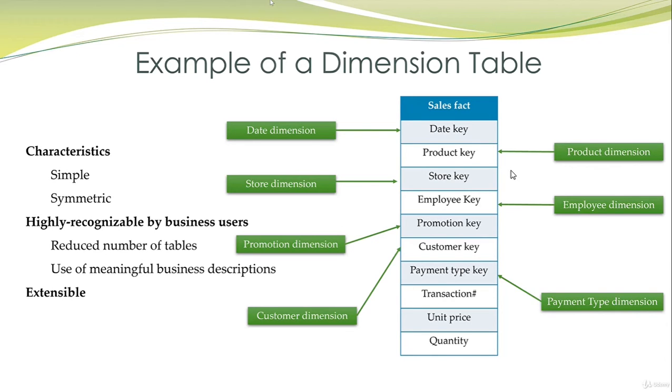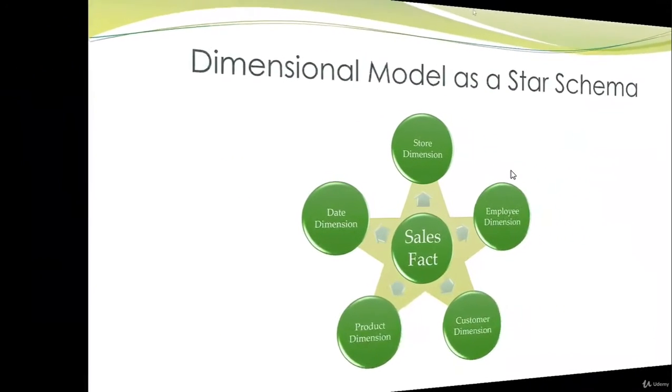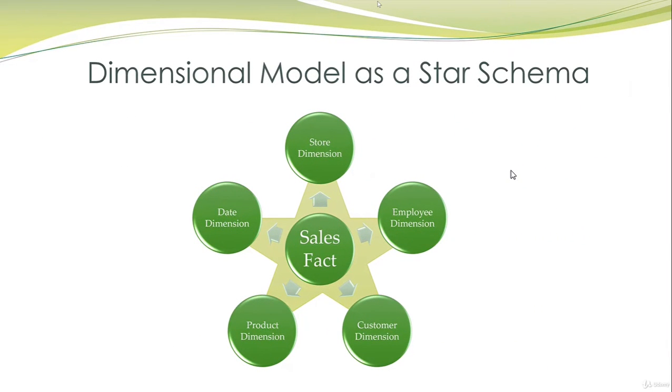Dimensional models implemented in relational database management systems are referred to as star schemas because of the resemblance to a star-like structure. The facts are in the middle and dimension tables are around the corner. So the model looks like this.